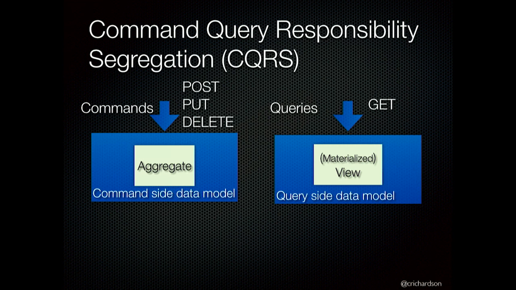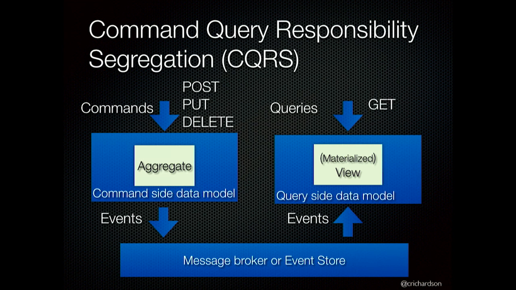So you have one data model for the commands and another data model for the queries. And the query side data model is just kept up to date by subscribing to the events that are being emitted by the command side whenever data, or more specifically, DDD aggregates, are being created, updated, or deleted.